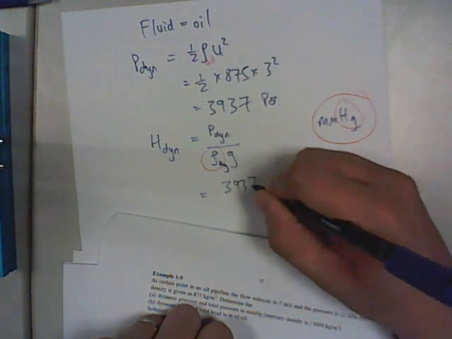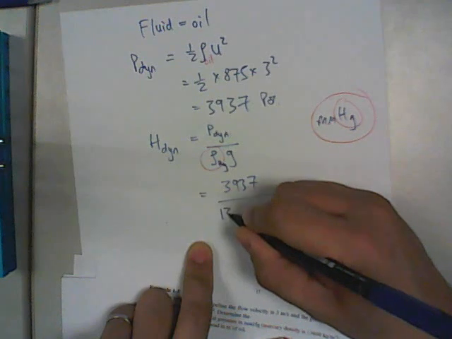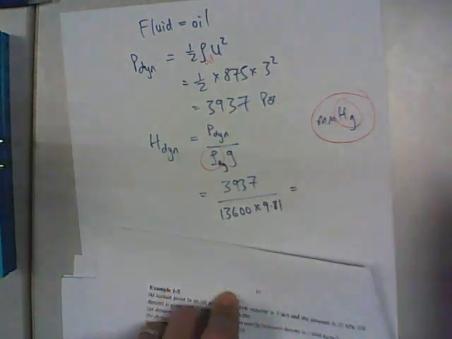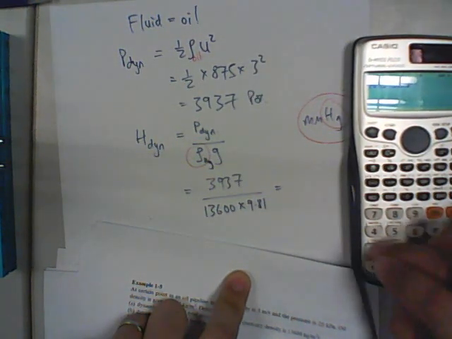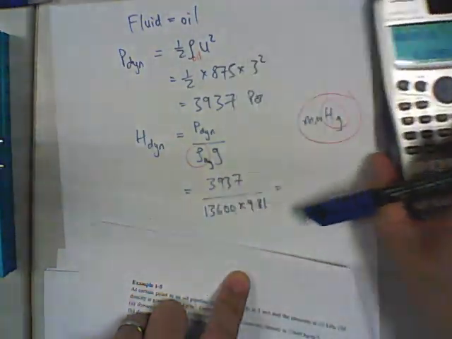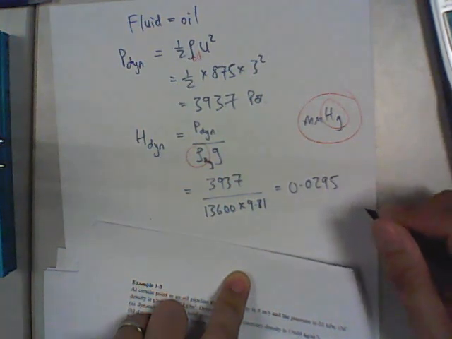3937, and this time the density we're using is mercury, 13600, multiplied by 9.81. So divide by 13600, divide by 9.81. This value is 0.0295.